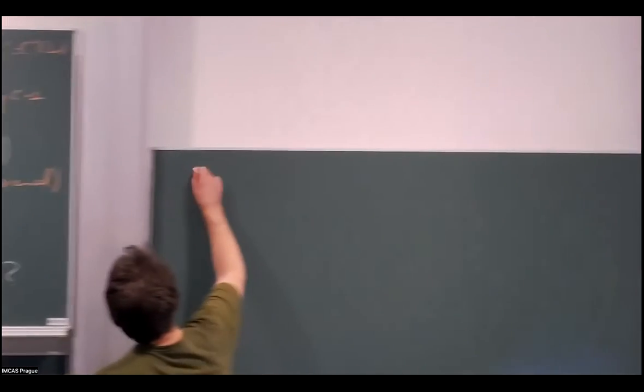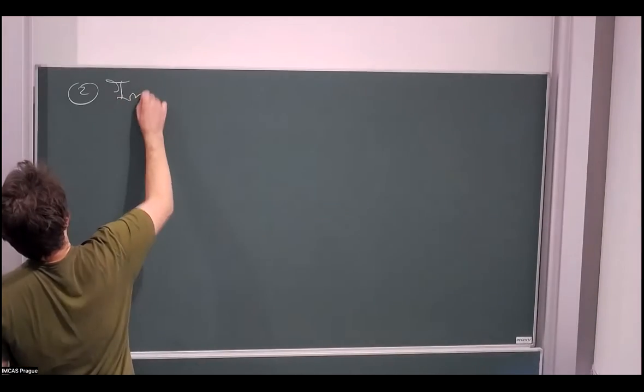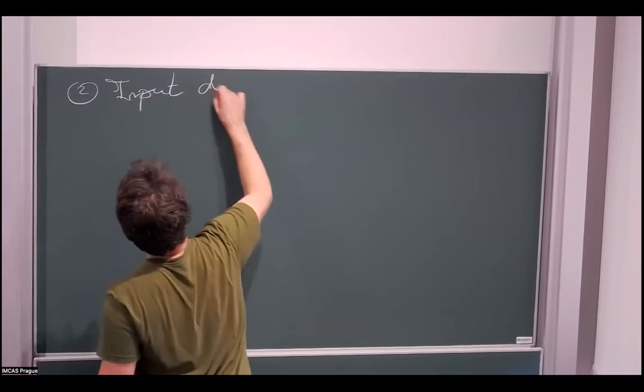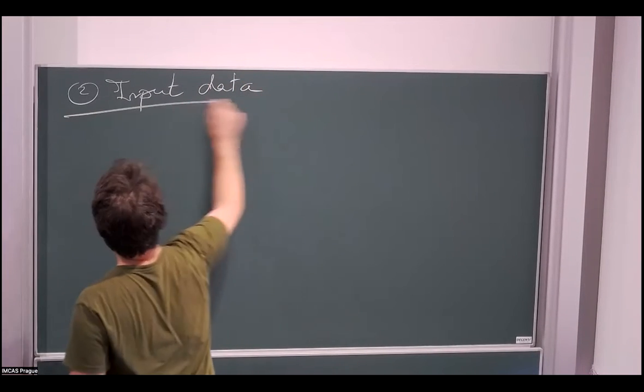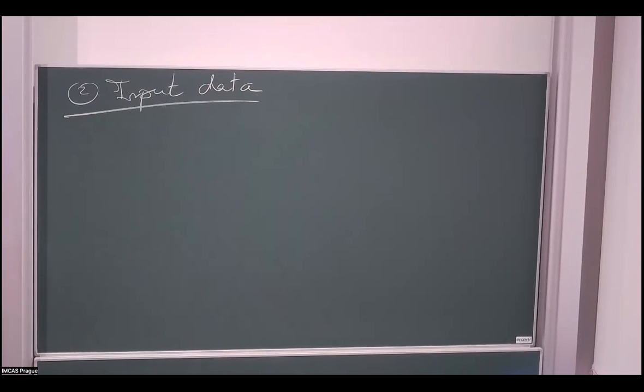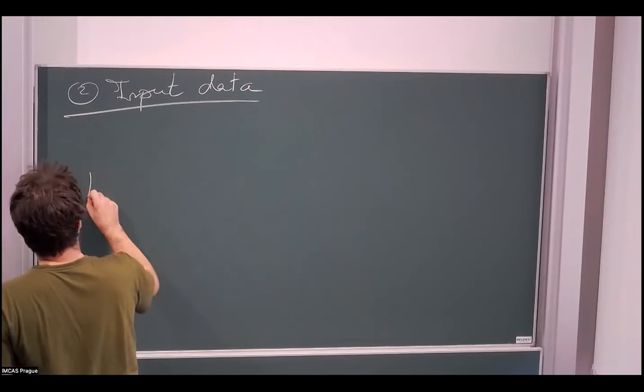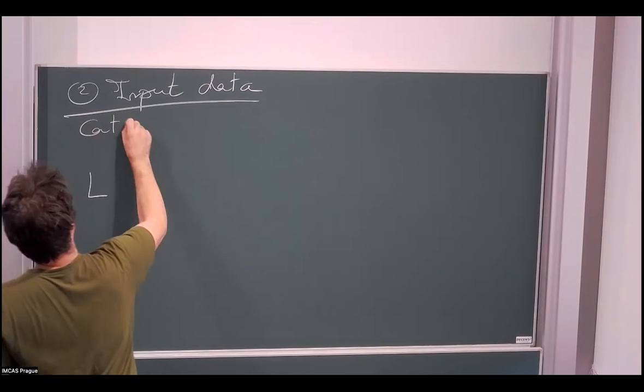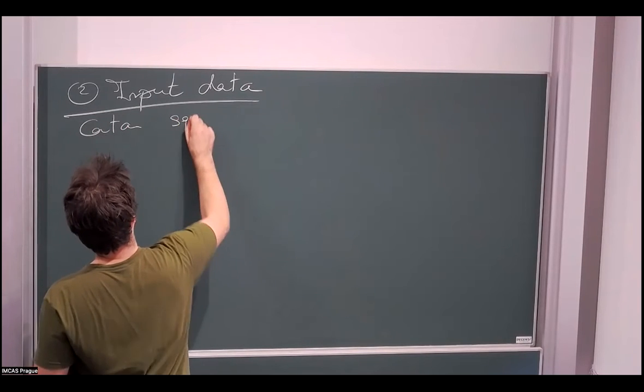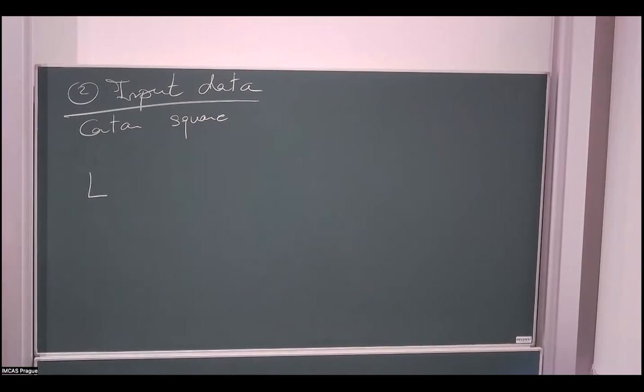So let me say some things about what goes into the construction. We will need a little bit of structure theory for such real semi-simple Lie groups. I will draw what is known as a Cartan square.